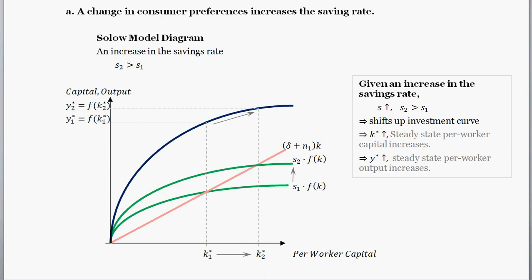Additions to capital are determined by investment, which is determined by the savings rate, the portion of your income that you save and contribute to capital. Because it's not going to jump up instantaneously, the transition from this point to this point is going to be quite gradual as per worker capital slowly accumulates, increasing per worker output.